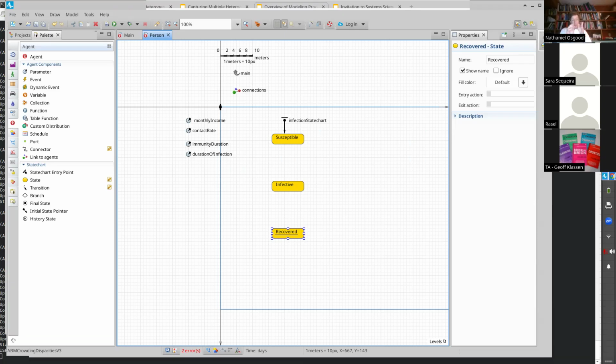Whether we treat that as a discrete effect or more of a continuous effect, we have the option of doing both, or of choosing between those.